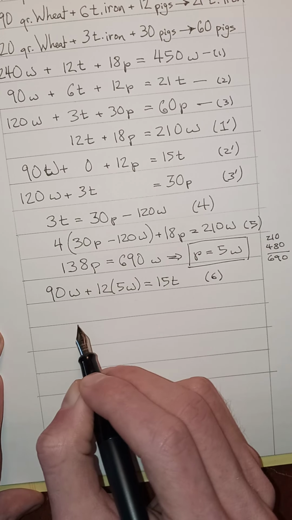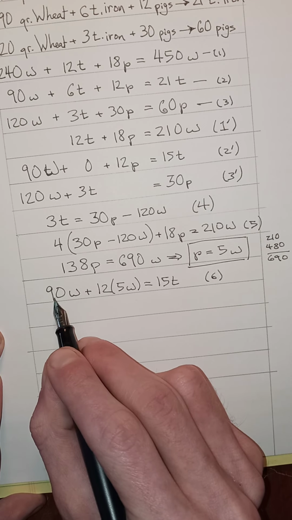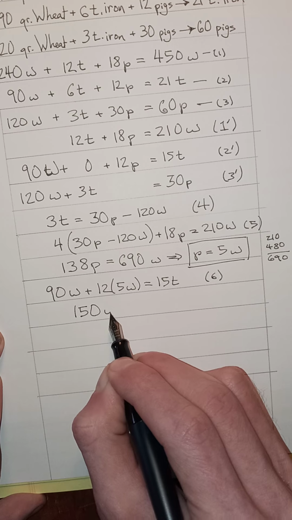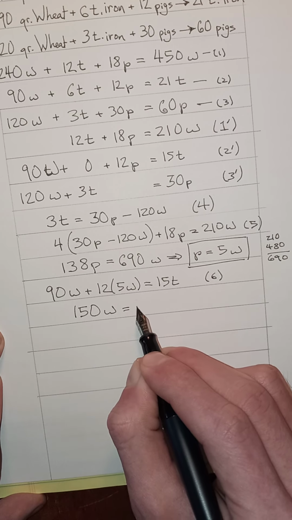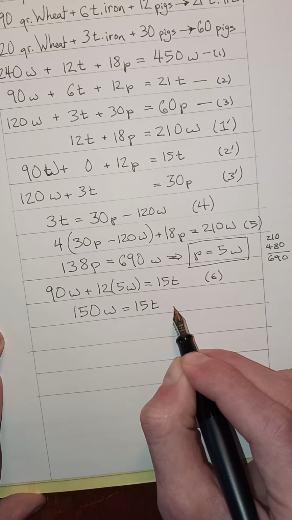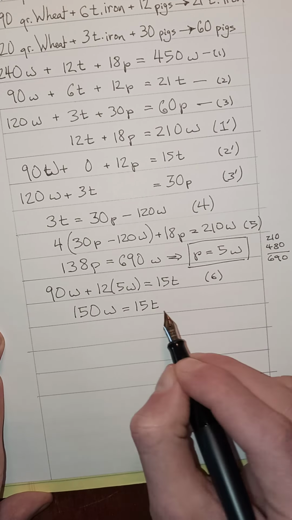In equation 6, 12 times 5 is 60. 60 plus 90 is 150. So the value of 150 quarters of wheat is equal to the value of 15 tons of iron. That's precisely just doing arithmetic on equation number 6.